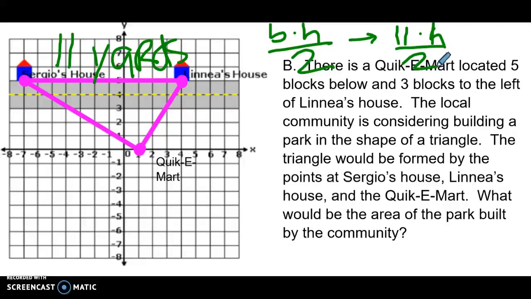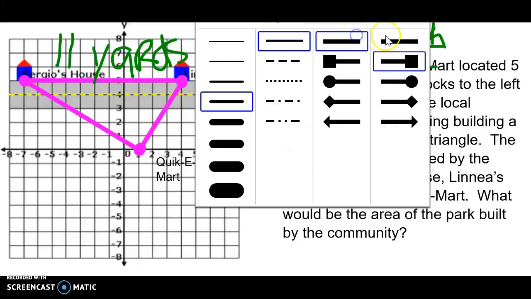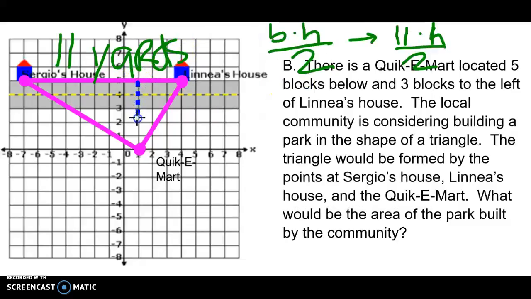We can do that by creating a line from the deepest point of our triangle to our base, which I am going to do now. Now this line is going to have to be imaginary because I'm not actually breaking my triangle into two. I'm just finding the height.